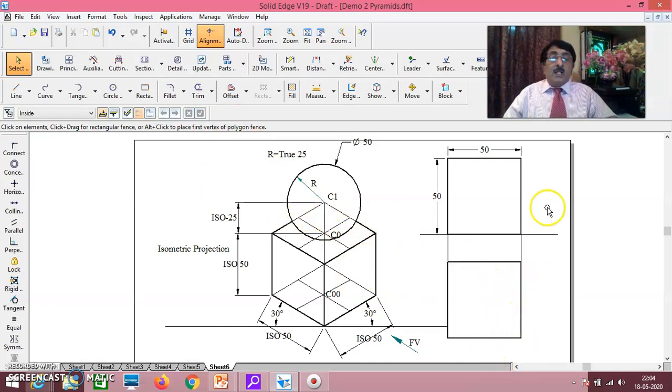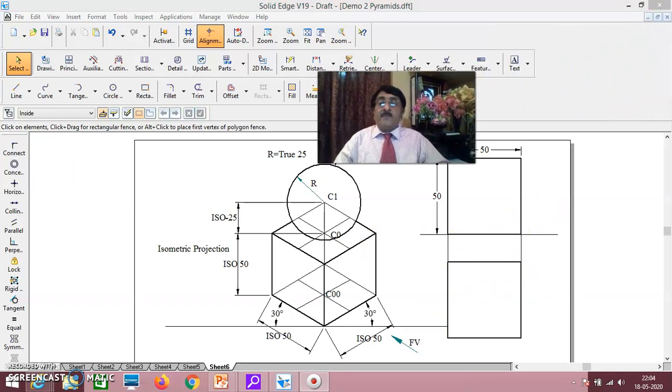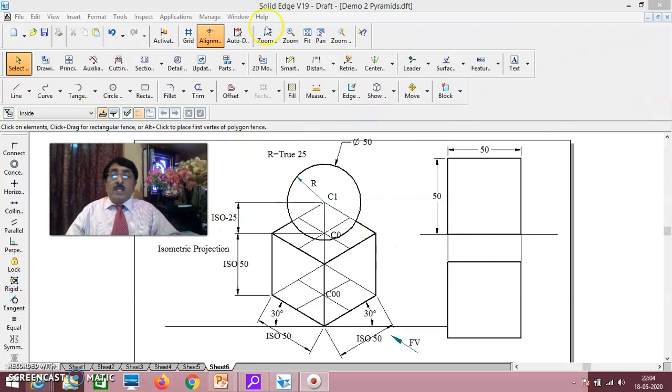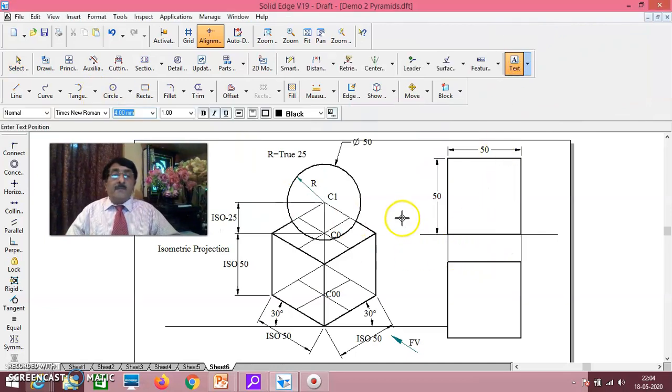That means if you draw this XY line here, you have VP above, you have HP above, and the front and top view of the cube is completed.